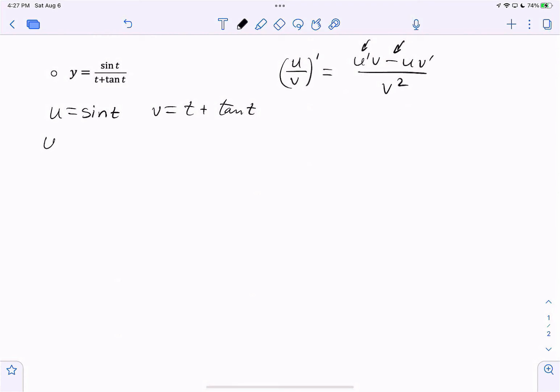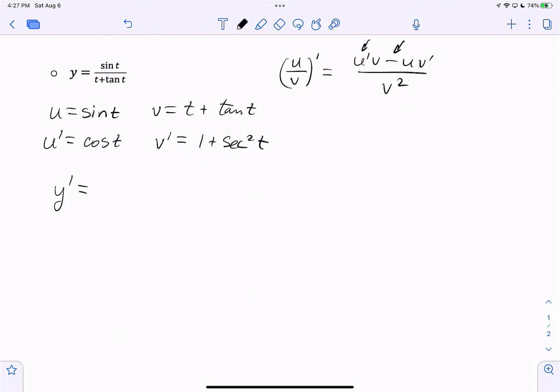Therefore, u prime is equal to the cosine of t, and v prime is equal to 1 plus the sine squared of t. That's because the derivative of t is equal to 1. You can use the power rule for that. And the derivative of the tangent function, I wrote sine, how silly, is the secant squared. So let me restate. The derivative of v, which is t plus the tangent of t, is v prime equals 1 plus secant squared of t. My bad.